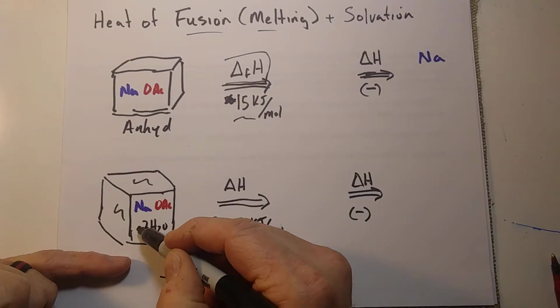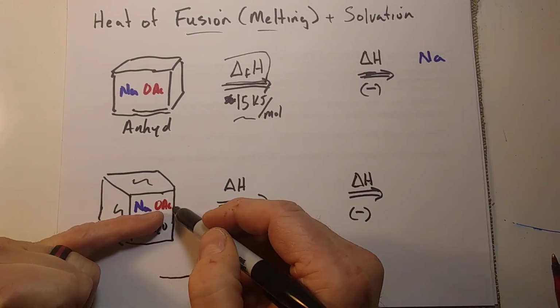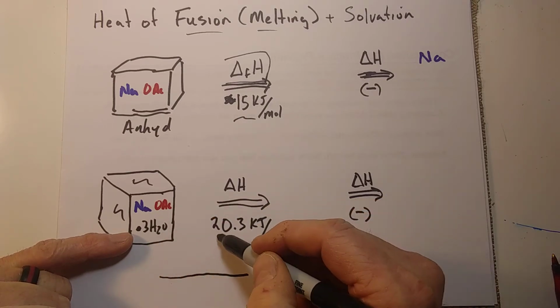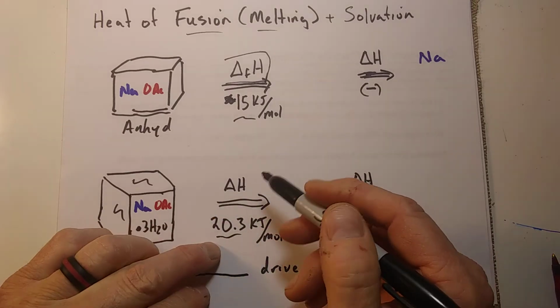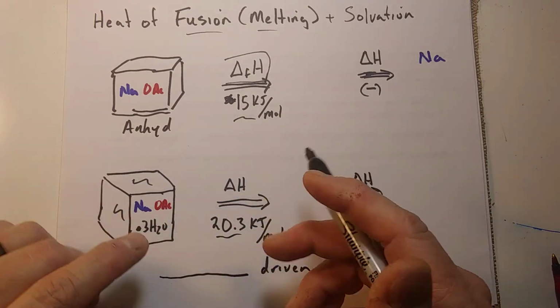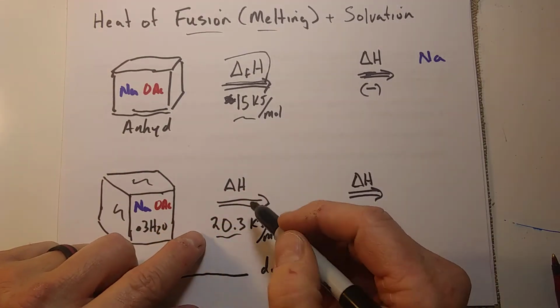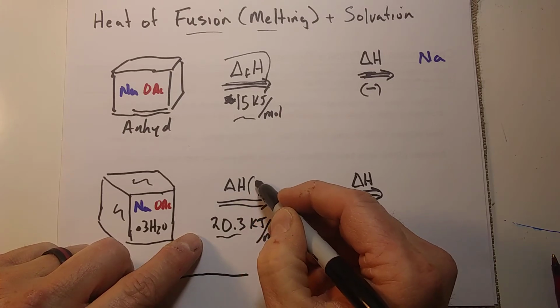Now the trihydrate, NaOAc, so sodium acetate and 3 water molecules, it's found, this one's pretty easy to find, that it takes in 20.3 kilojoules per mole of this. It takes in that much for the heat of fusion. This is, again, heat of fusion.